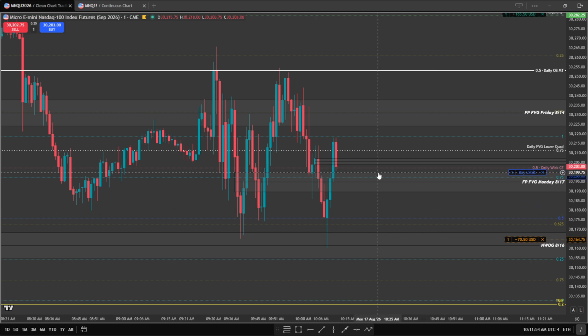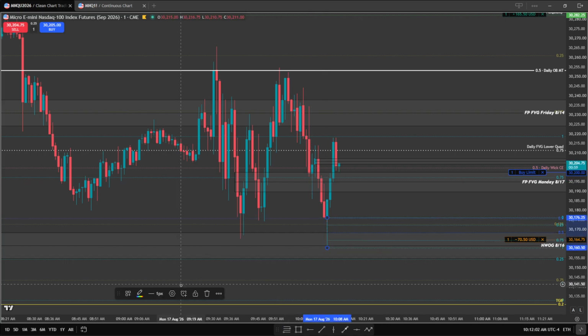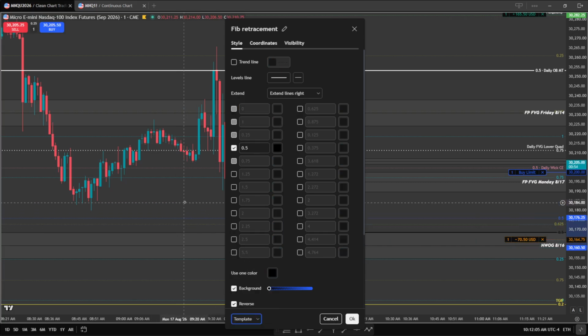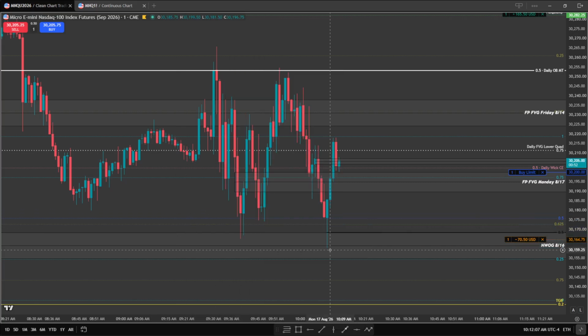See if I can't snag the high of that first presented. And then my stop is below the midpoint of this wick, which is really just the high of the new week opening gap.